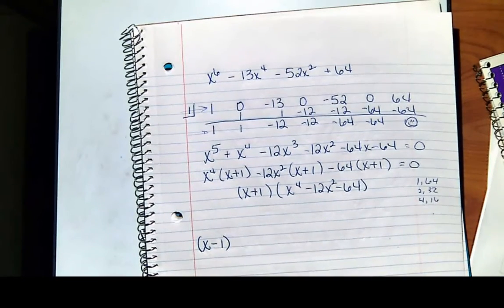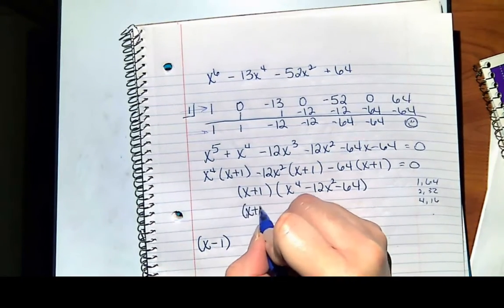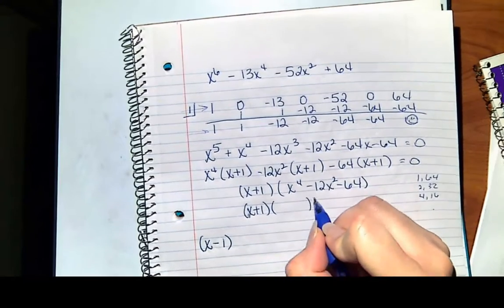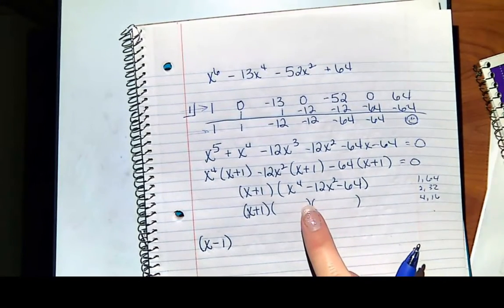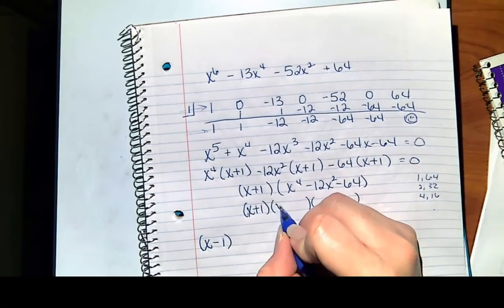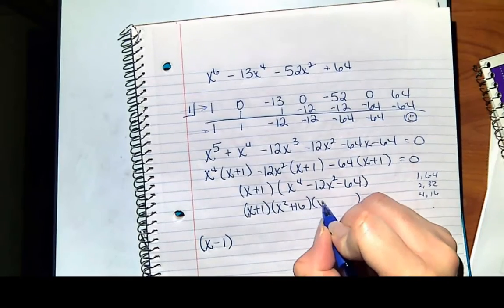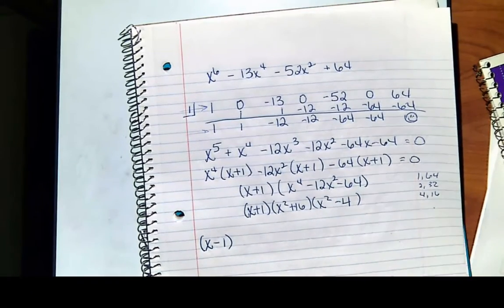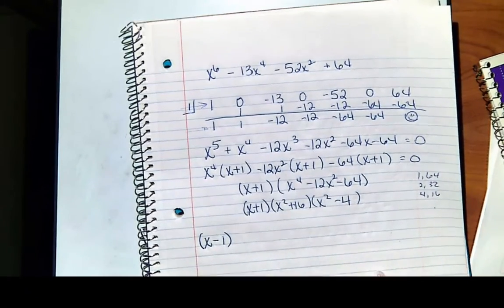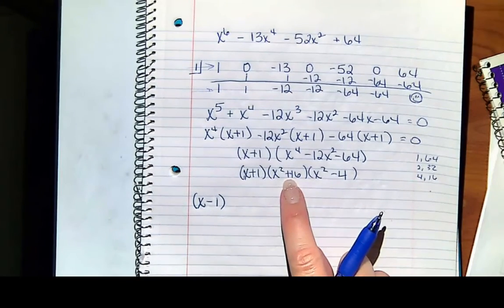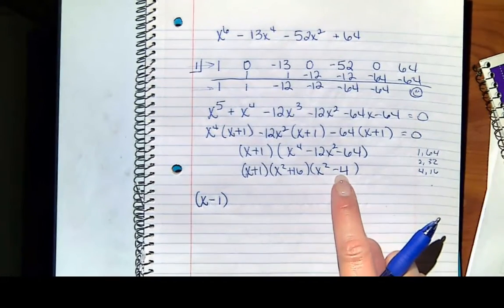All right, so that will break down to x plus 1, and then I'm going to have an x squared plus 16 and an x squared minus 4. So at this point, I need to break this one down further and this one down further.